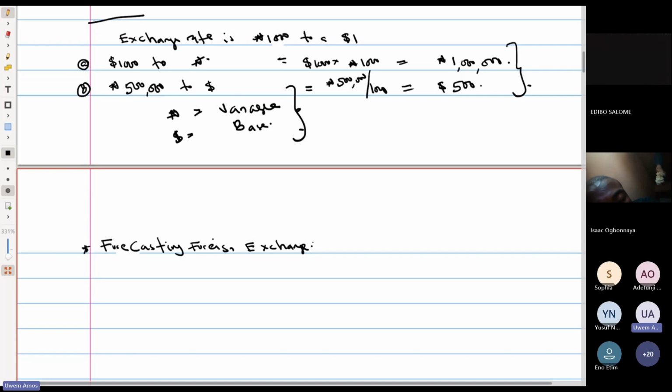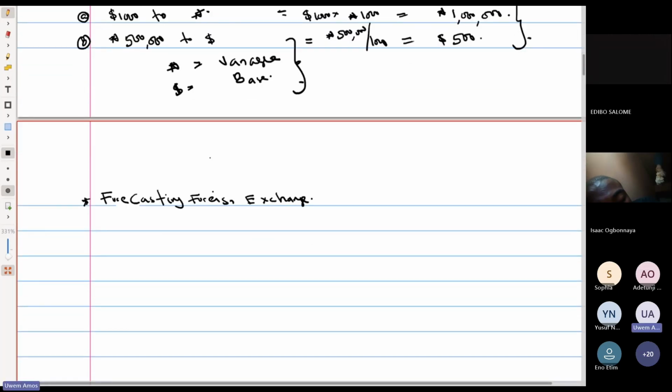Now, there are 2 broad methods of doing that. The first method is to use your purchasing power parity theory, which is based on inflation.